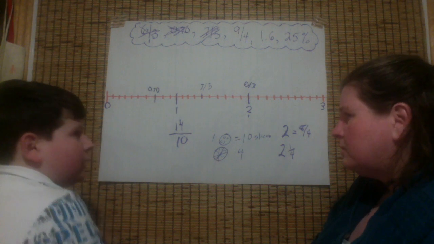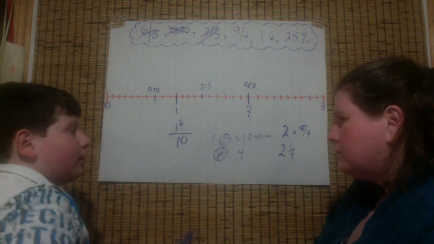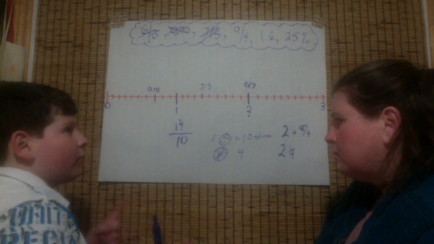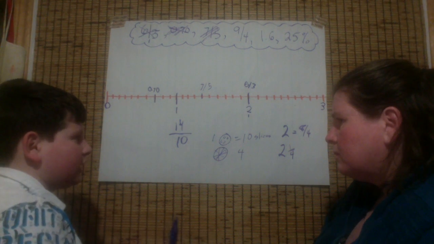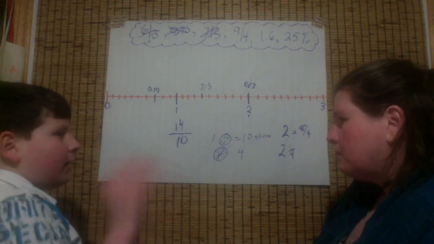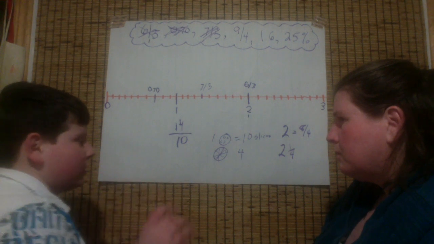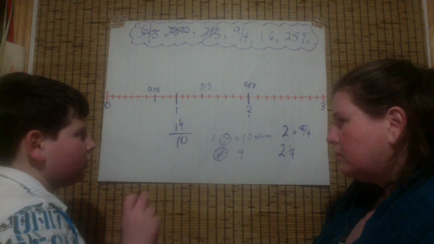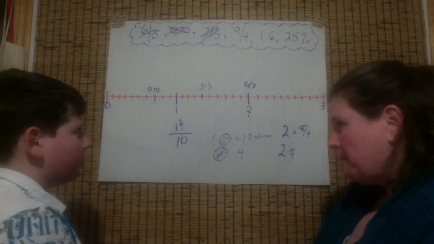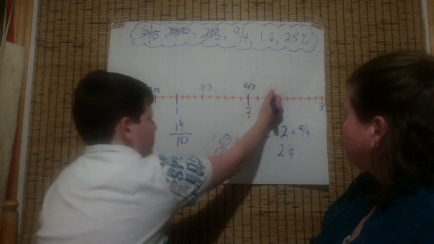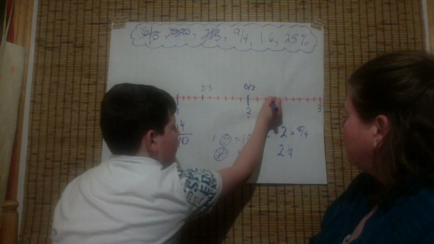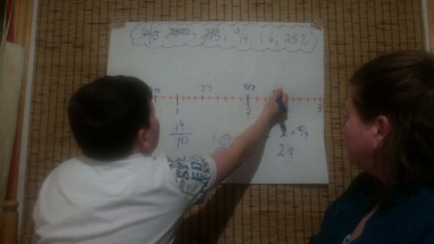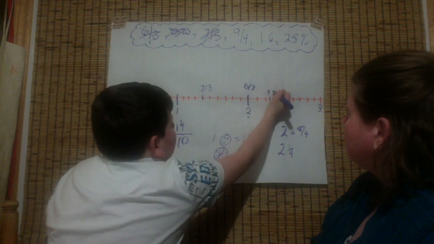Because if you look at a clock, for example, there's 5, 10, 15, 20, then 25, 30. So in between those two would be a 25. If you mark in between, that would be the 9.